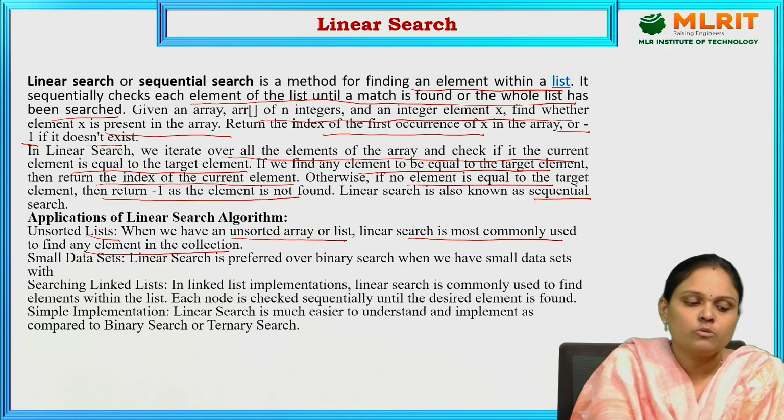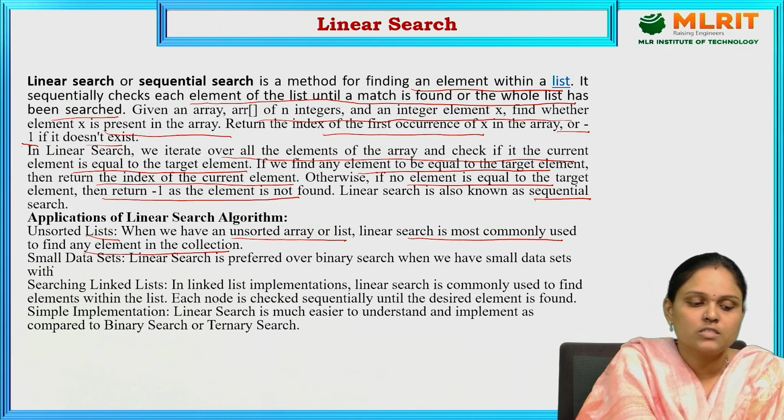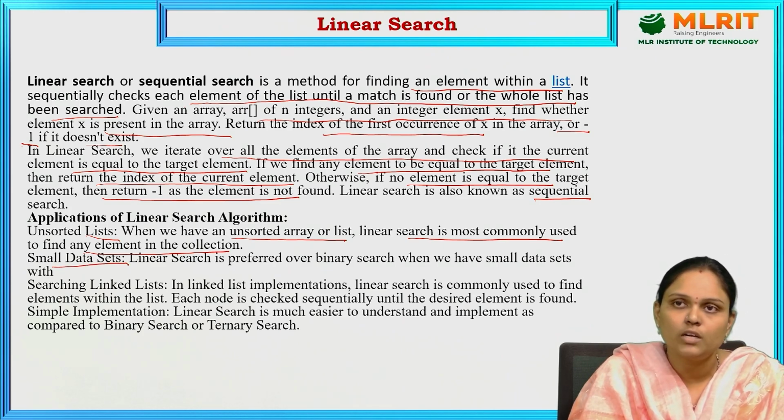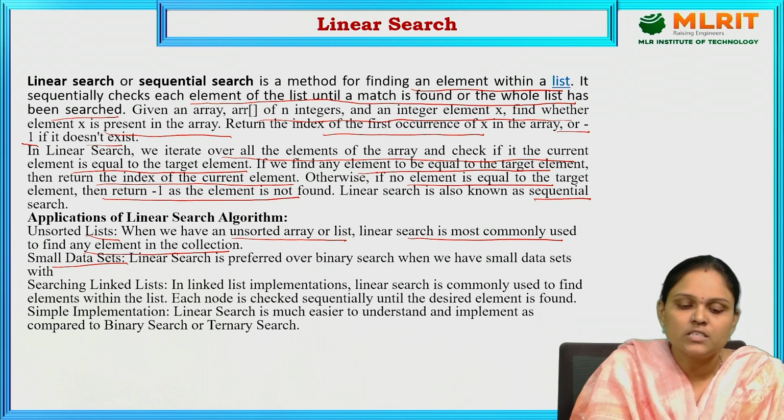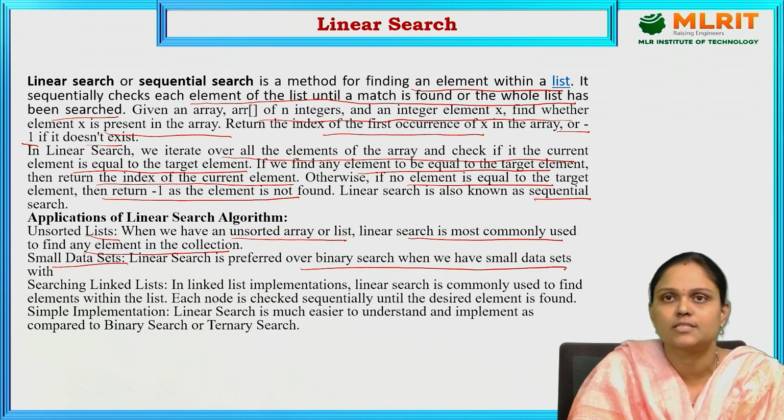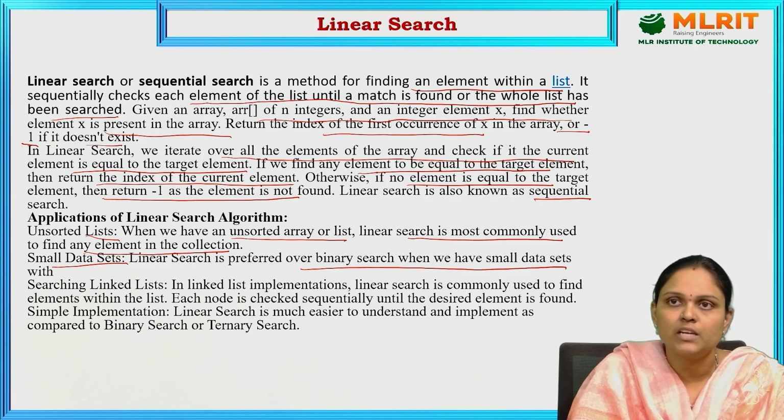We can also use linear search in small data sets. Linear search is preferable over binary search when we have small data sets, whenever we have a limited amount of data.